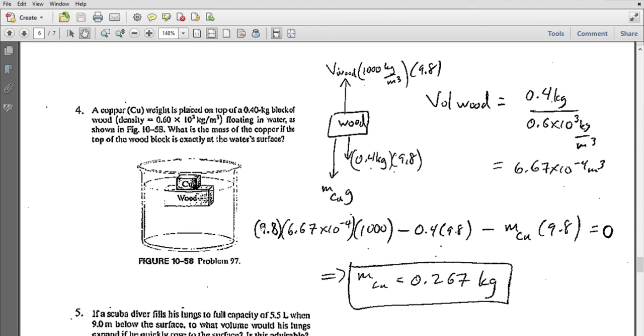That's this expression here. And then the sum of those three force y components is equal to 0: the buoyant force minus the copper weight minus the wood's weight. And that allows us to solve for the unknown mass of the copper that's sitting on top.